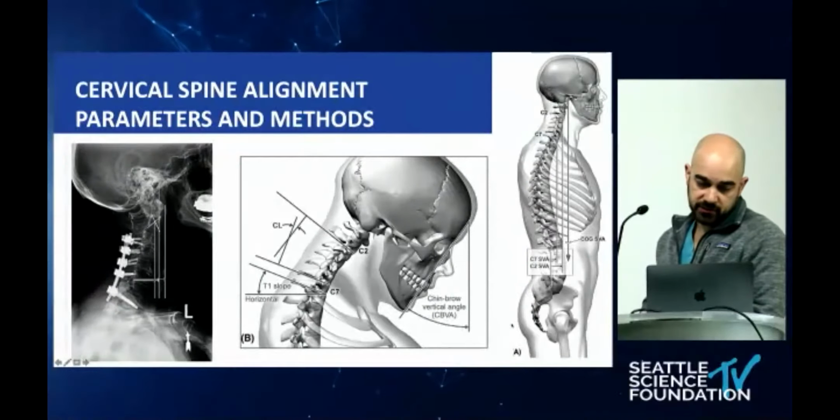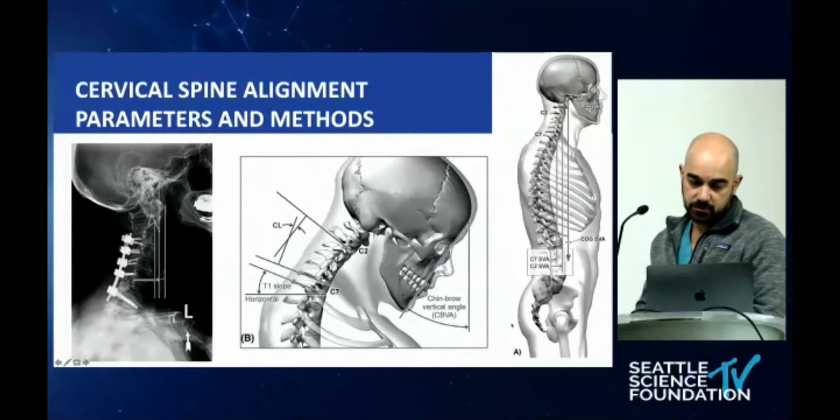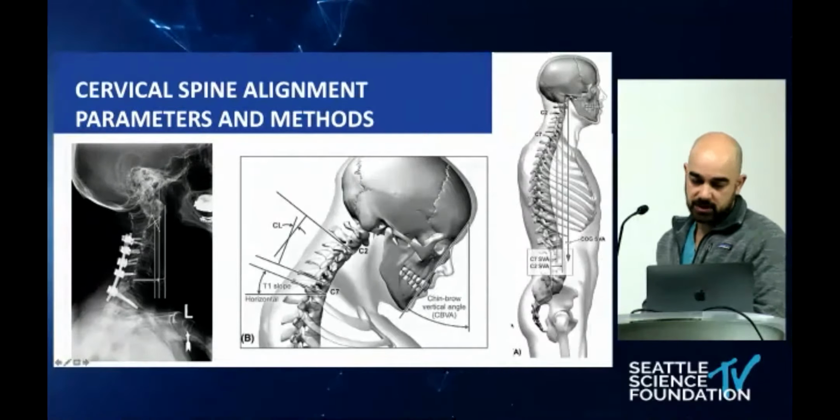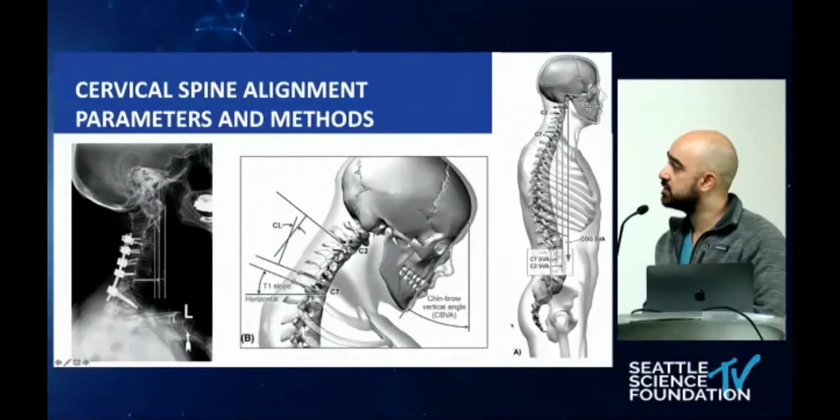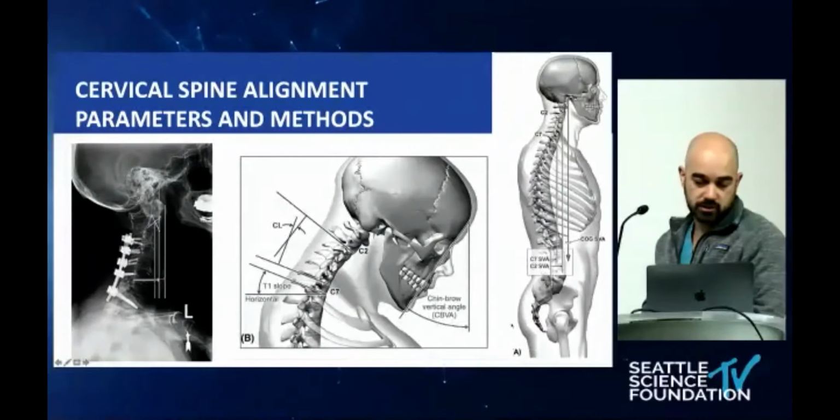In terms of SVA of the cervical spine, we all know about the C2 and C7 plumb lines as it comes to global sagittal alignment. But for the cervical spine specifically, you can do a C2 to C7 SVA, which is a line from the center of C2, and then you measure the distance from the posterior superior aspect of C7 to that line, and that is your cervical SVA.